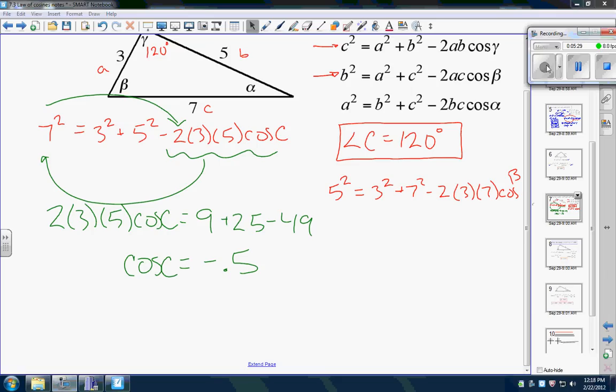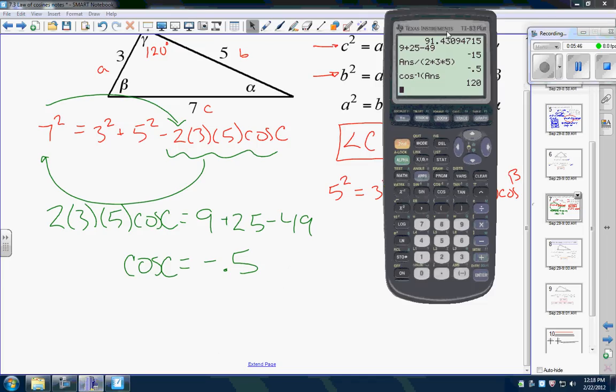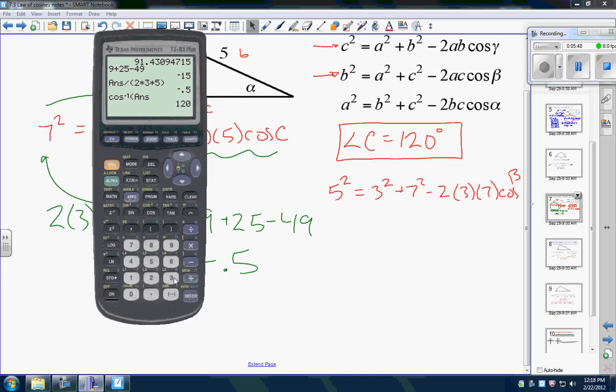Once you get this guy all set up, make sure everything makes sense here in that you have a 3 and a 7 with a 3 and a 7 here. Whatever side you have over here, the 5, you better have cosine of beta over in this guy here. Now all we got to do is solve this guy, and I'm just going to go straight to the calculator because we've done enough of them now.